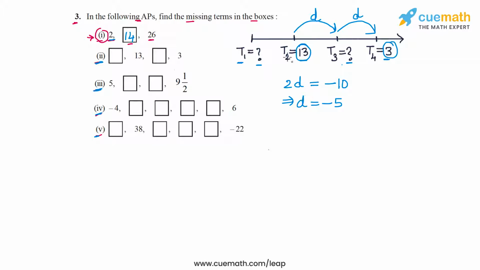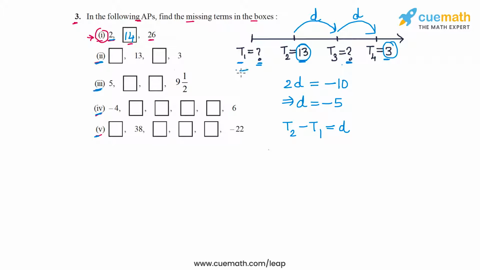And now that we have the common difference D, we can easily find the missing terms T1 and T3. So we have T2 minus T1 is equal to D. So T1 will be equal to T2 minus D. If T2 is 13, then T1 will be equal to 18.